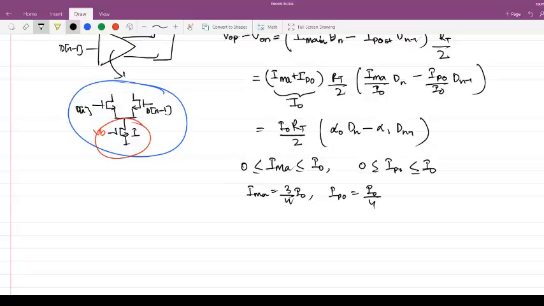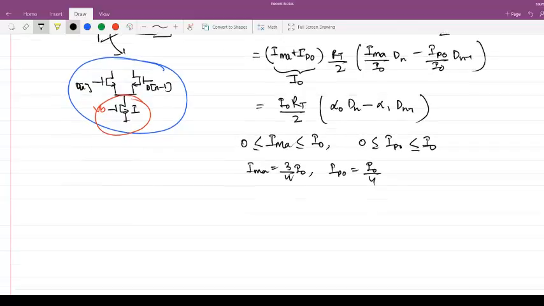You can always equalize whatever data dependency you are getting with the equalizer itself, but then you are using the equalizer strength to equalize the circuit rather than the channel. So the better way would be, whatever the resolution of the coefficient we want, let's say I want to change the current by a resolution of I naught by 32, just an example.